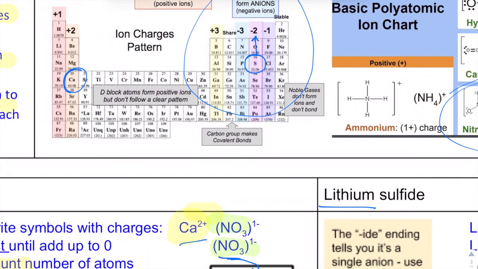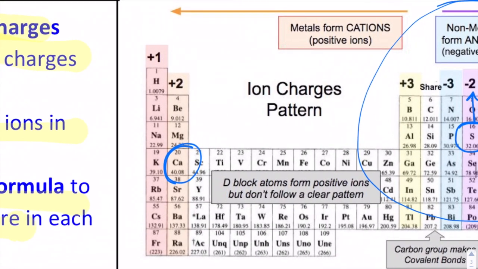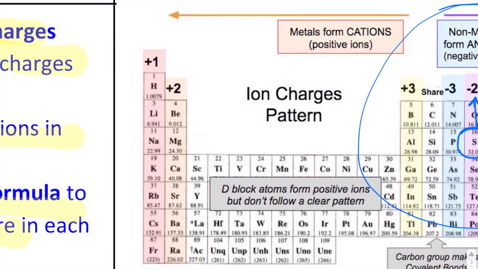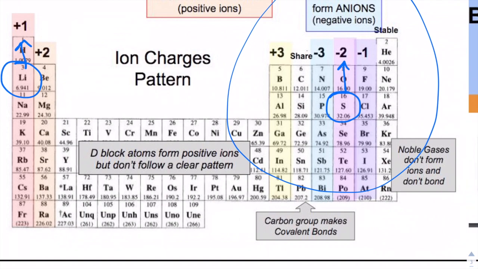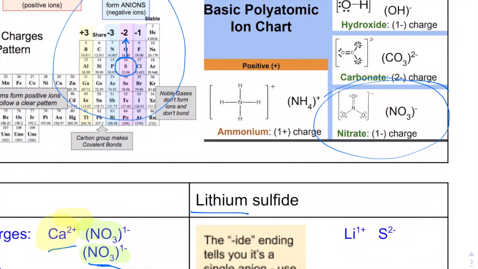Let's look at the first word, lithium. Lithium is going to be our positive one. So we're going to look on the left side of the table. Li is lithium. Li is a +1. Sulfide is a -2. So I start by writing those one time each.